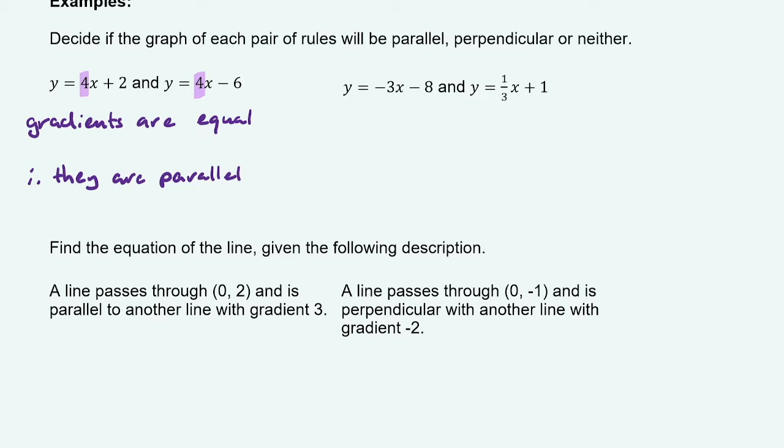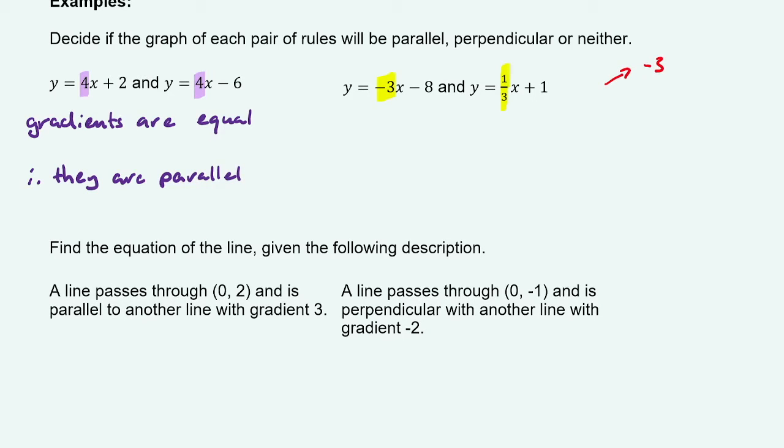Second one there, we've got our gradients. Here's one gradient, -3. Here's our next gradient, 1/3. If you have a look there, 1/3 is actually the negative reciprocal of -3.